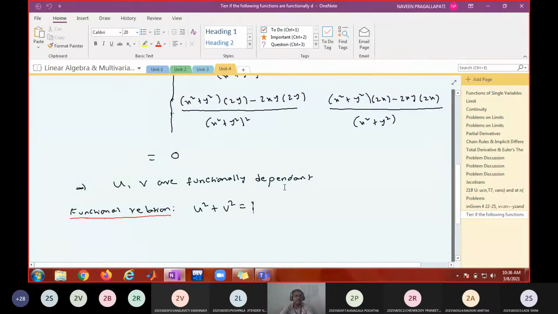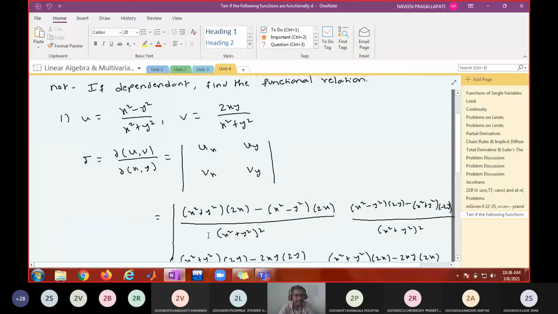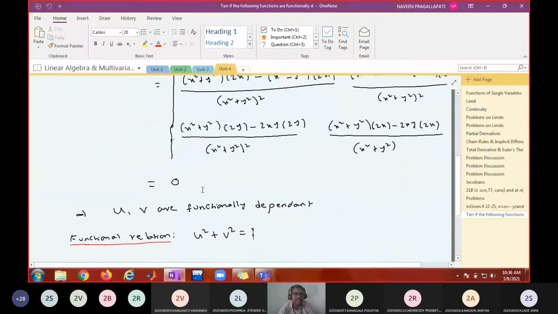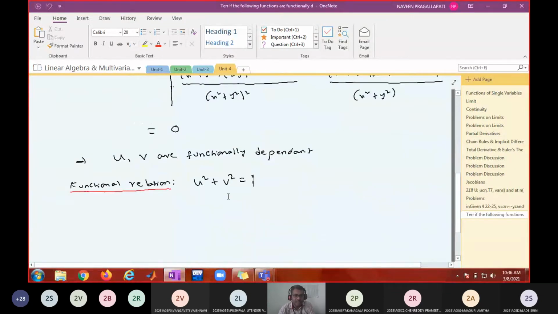Then you cannot find out any relation between u and v. In the first problem, the Jacobian is 0, and with your observation, you identified that u square plus v square equals 1. You have to simplify u square plus v square and show that it is equal to 1. Okay, so take the next problem.